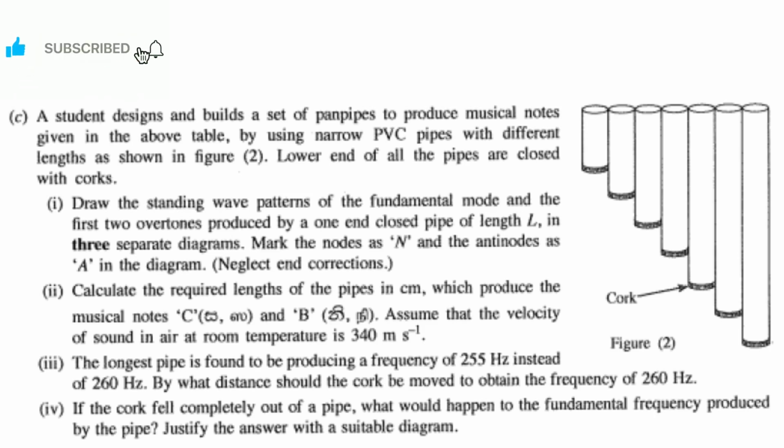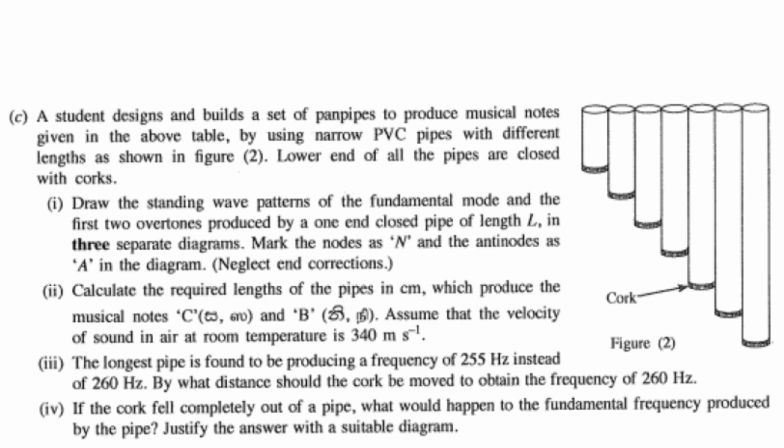Part A, Part 1. Draw the standing wave pattern of the fundamental mode and the first two overtones produced by a one end closed pipe of length L in three separate diagrams. Mark nodes as N and antinodes as A in the diagram.